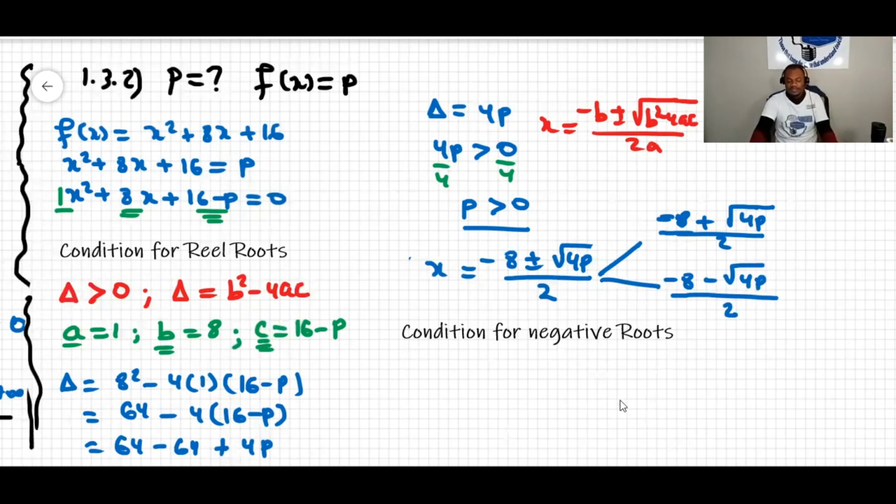Now, root 4p for this part here, we already have a negative value. It's going to be negative because two negatives will just generate another negative. Because square root of 4p, regardless of the value of p, because p is positive, will be positive also.